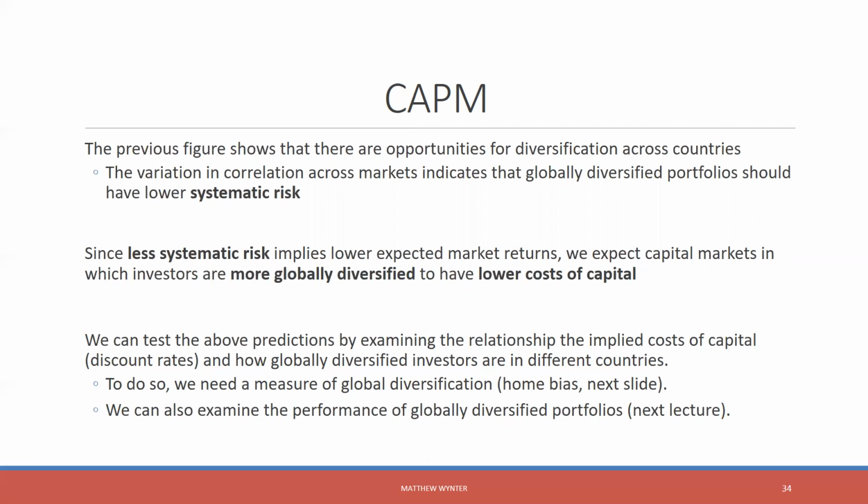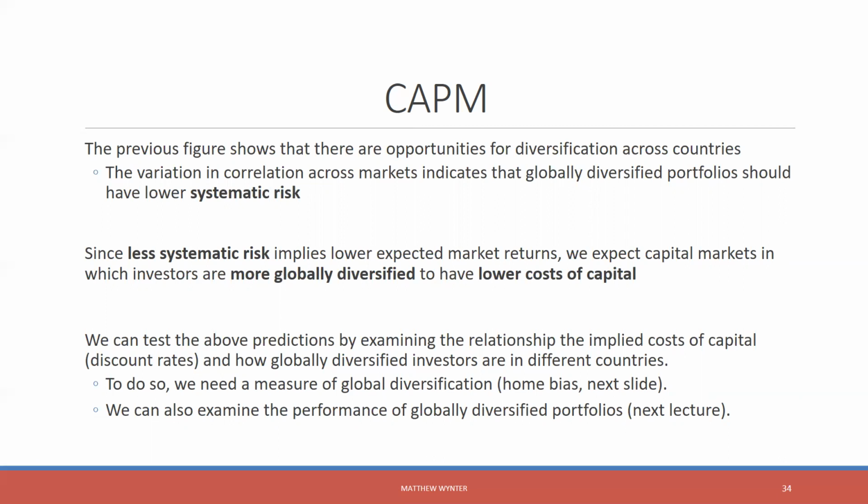Since less systematic risk implies lower expected returns, we would expect that capital markets in which investors are more globally diversified should have a lower cost of capital. So firms in markets where investors are more globally diversified should have lower discount rates.